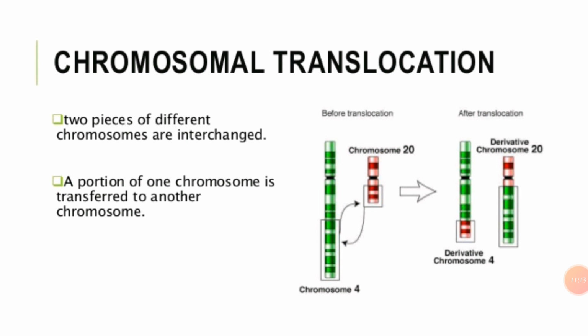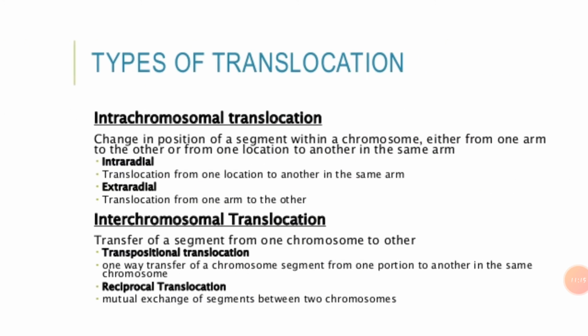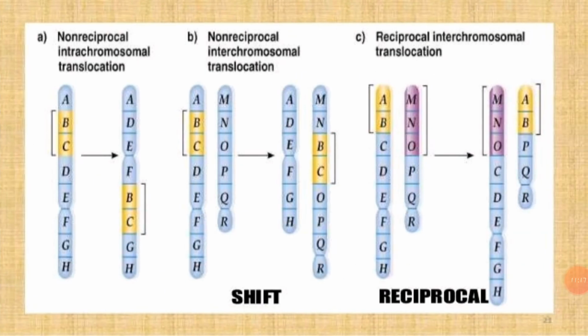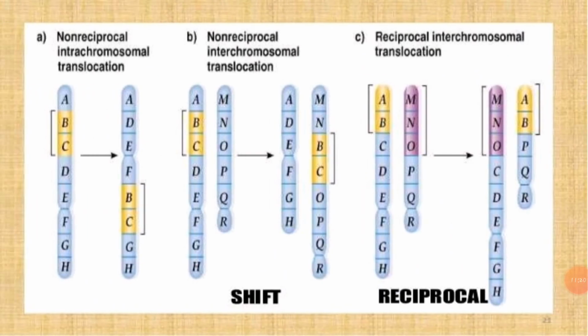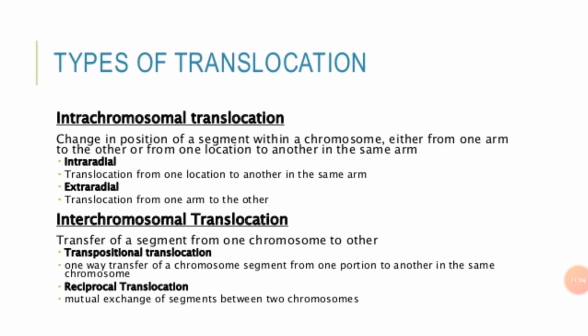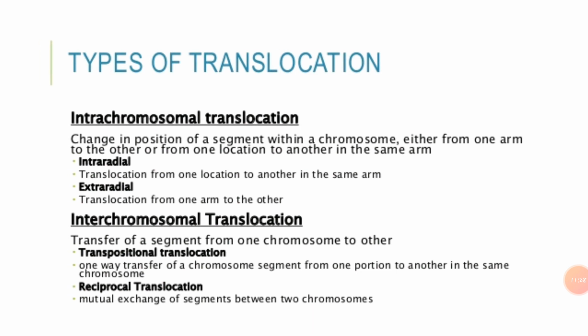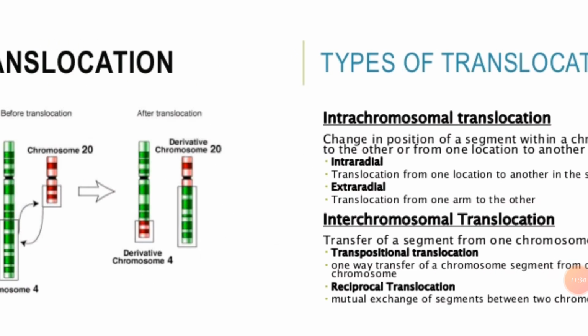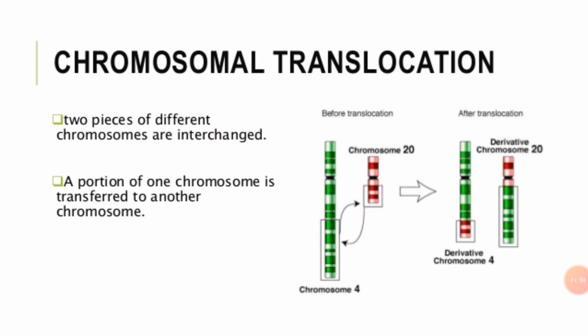Next is translocation. In this way we have seen another type of structural chromosomal aberration. Now we'll see the next type, that is chromosomal translocation.